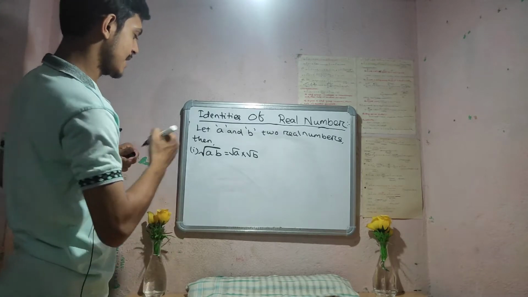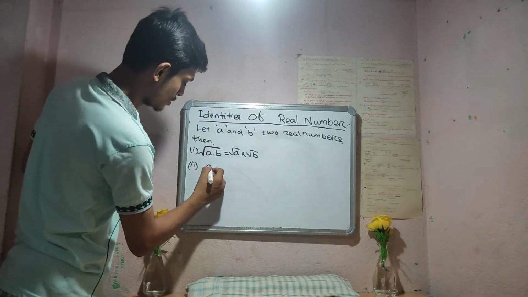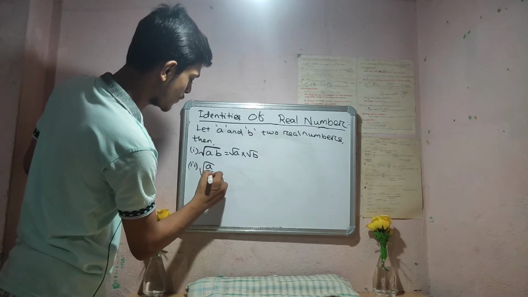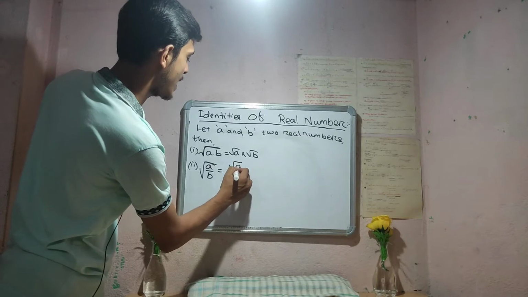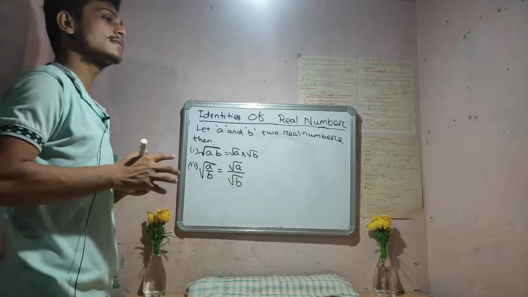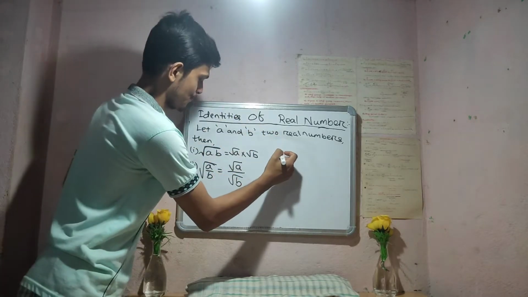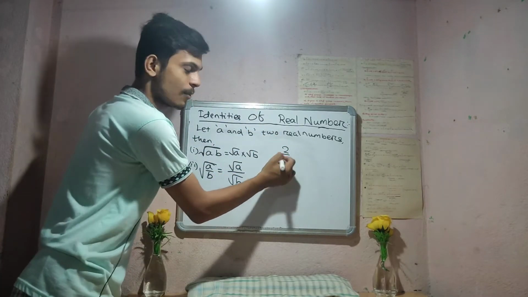Then the second identity: the square root of A upon B is equal to the square root of A upon the square root of B. Suppose 2 upon 3, in A upon B form.